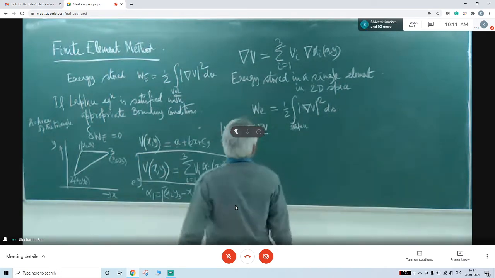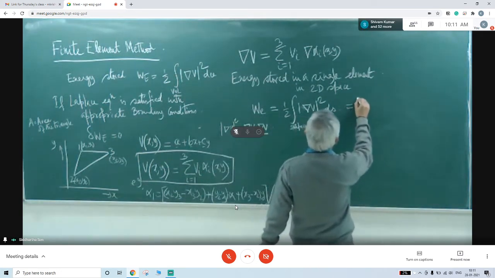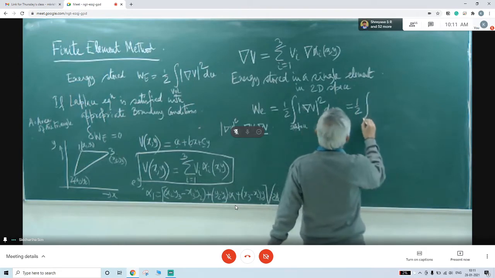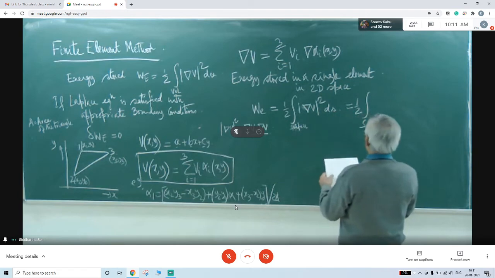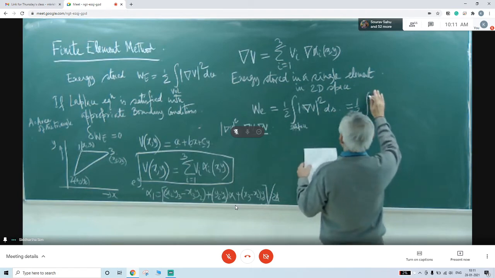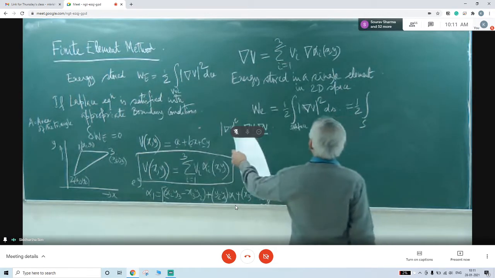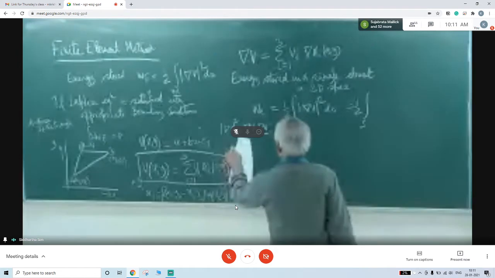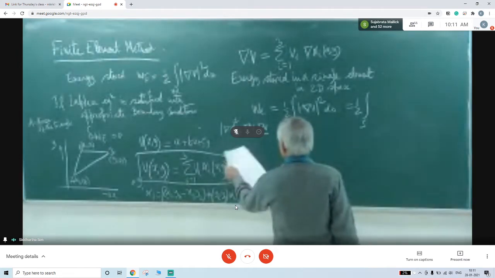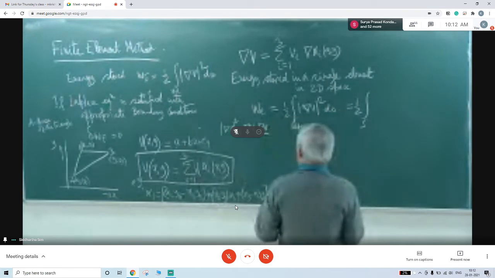Thank you. So what we can say, this is equal to half of surface integral. What we can write is that, it is nabla V into nabla V. Naturally two things are multiplied, which includes two summations, two multiplications.